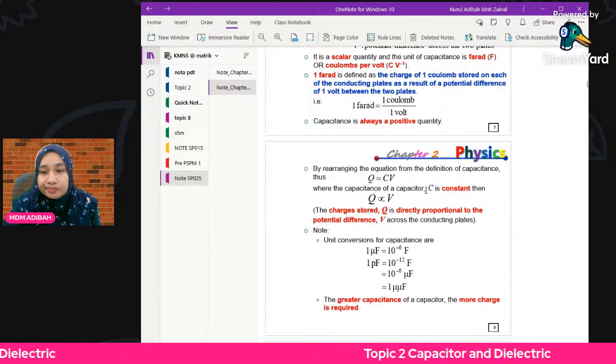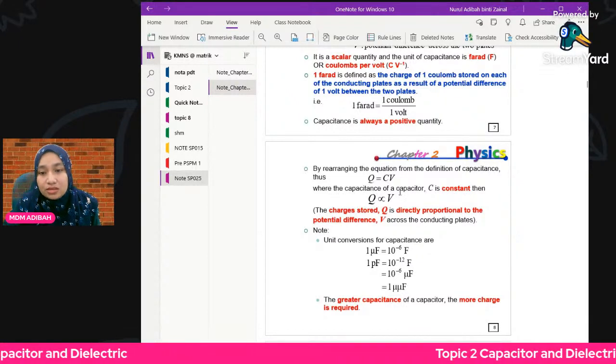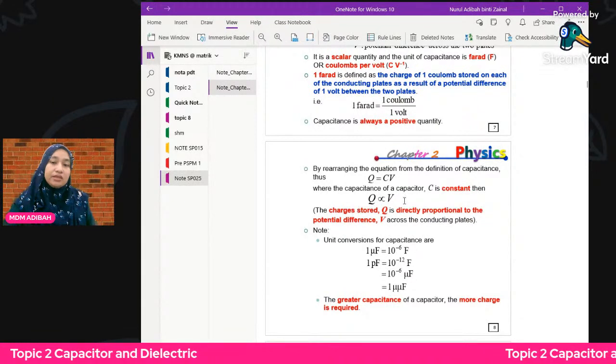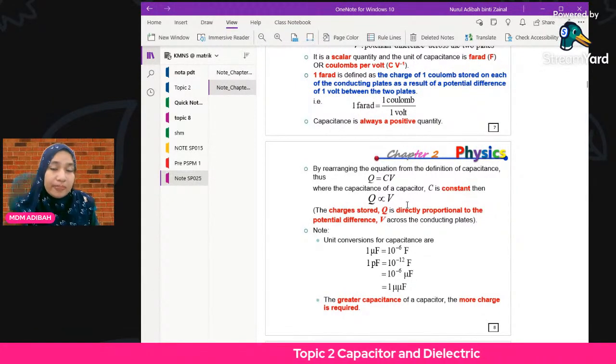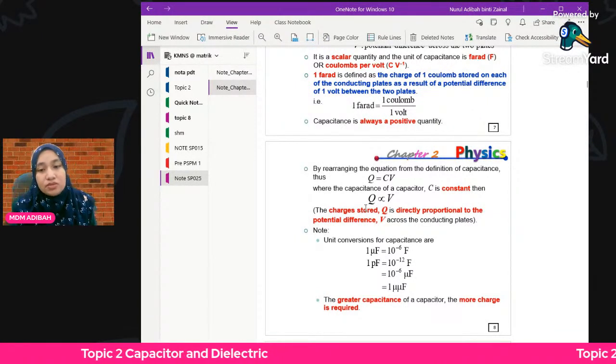Then if we rearrange, Q equals CV, where the capacitance of a capacitor, C, is constant, then Q is directly proportional to V. For this subtopic, the value of C is always constant.